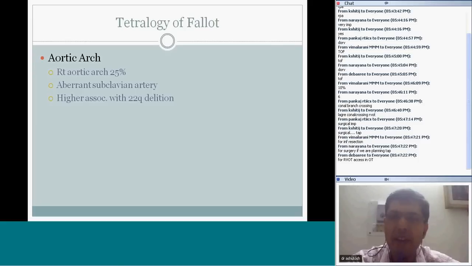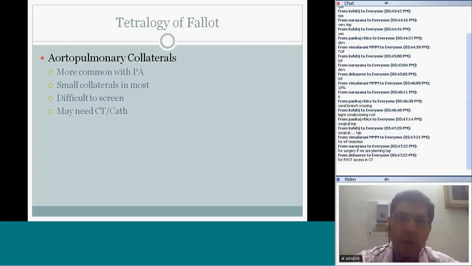So the aortic arch can be abnormal in some. It's not really abnormal, it could be a right-sided aortic arch in 25%, there could be an aberrant subclavian artery, and right aortic arch has been found to be associated with 22q11 deletion. Aortopulmonary collaterals are common with pulmonary atresia. Small collaterals can be seen in a very large number of patients. Sometimes they may be difficult to image, especially if they are arising from the subclavian vessels.